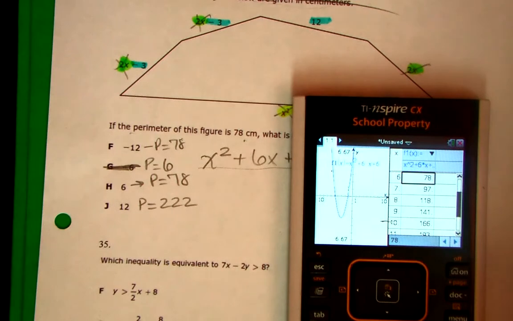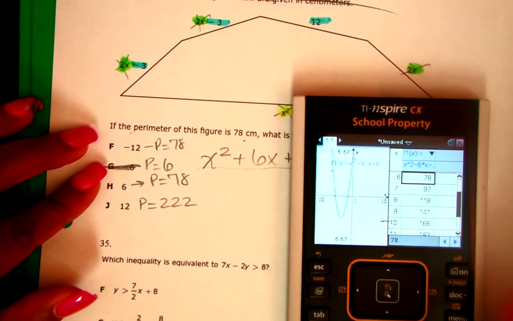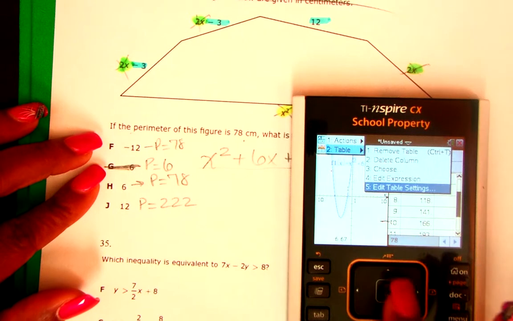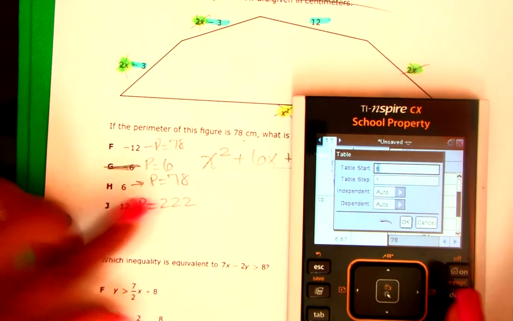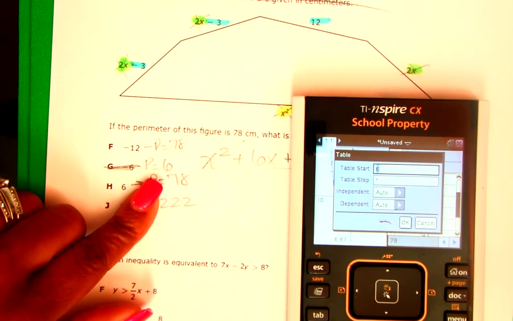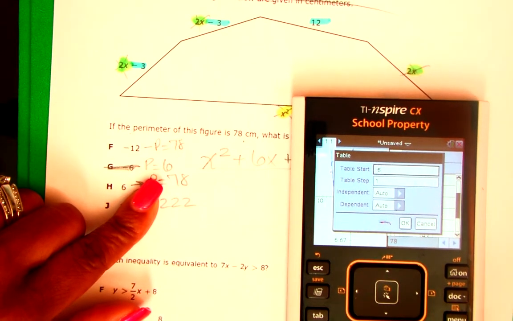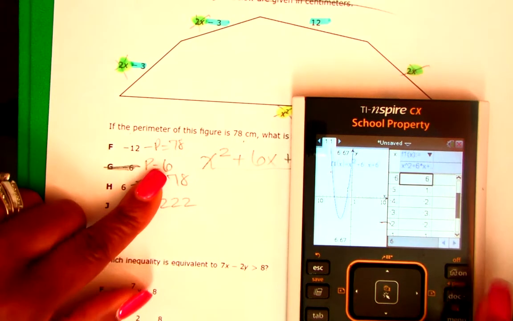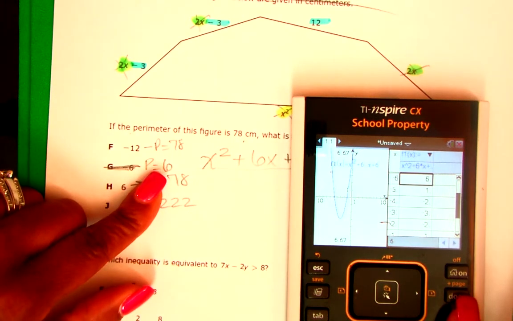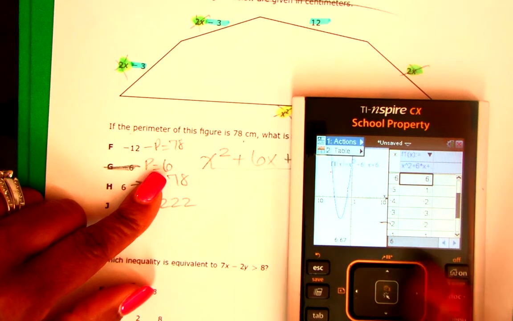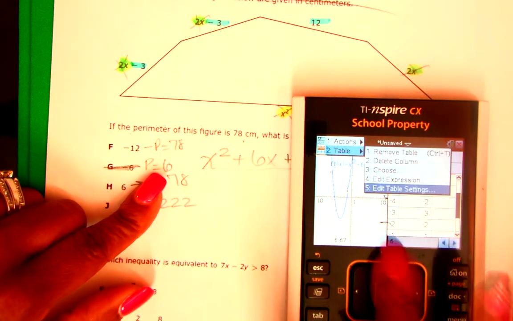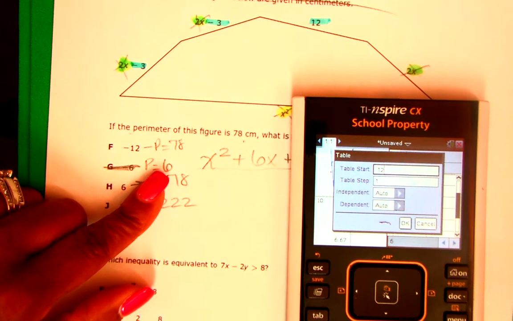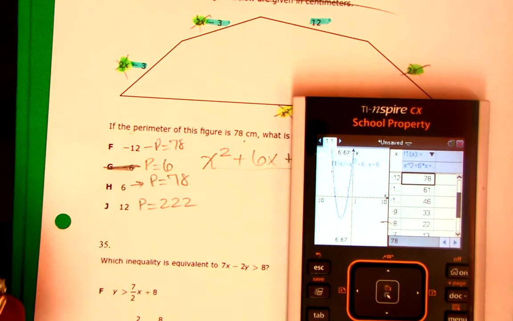So you know what I'm going to do? I'm going to check myself. I'm going to go back to the table setting and change this to a -6 and see what happened. A -6 did give us a positive 6. Then I'm going to go back again and put -12 in there again, and we got 78.